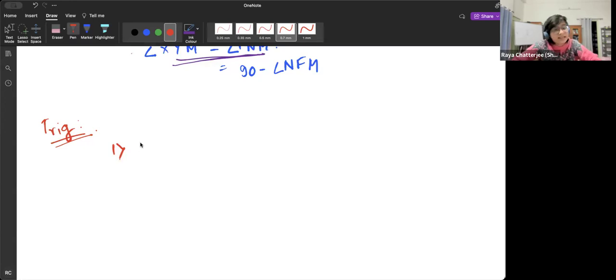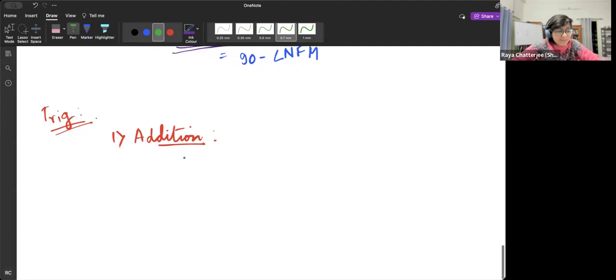So the first thing that I wanted to say is that we should revise the addition formula. I think many of you are familiar with these, so please feel free to go back to solving the buffer problems.